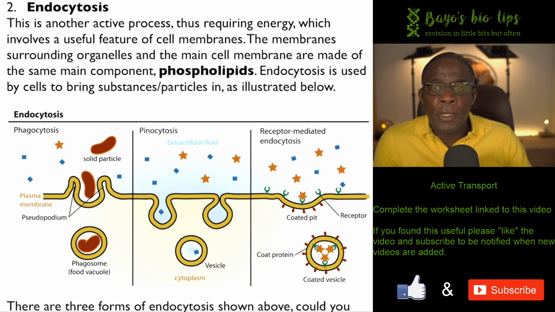Endocytosis is used by cells to bring substances or particles in. Now you can see in the diagram I've provided some examples of endocytosis.